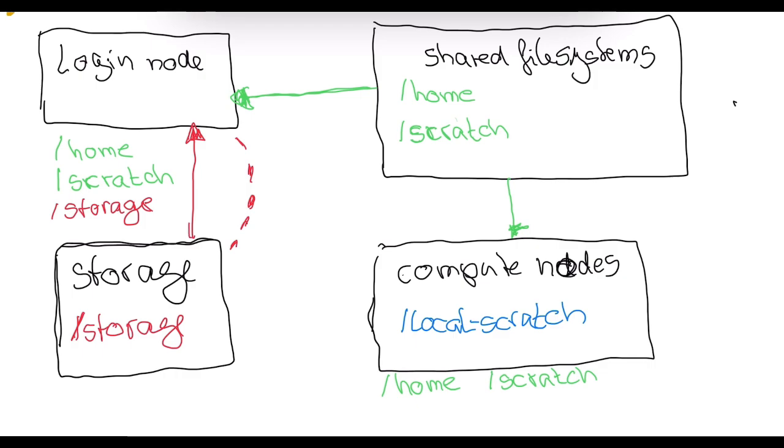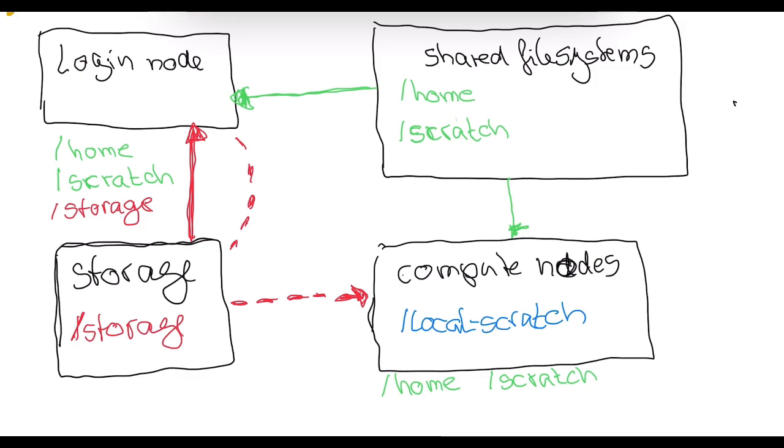If it is directly shared out to the login node, then users can just copy data into the storage file system from the login nodes. The majority of HPC centers will not make the storage space available on the compute nodes. It's rather rare. Some do, which is why I put the dotted line there to the compute nodes.